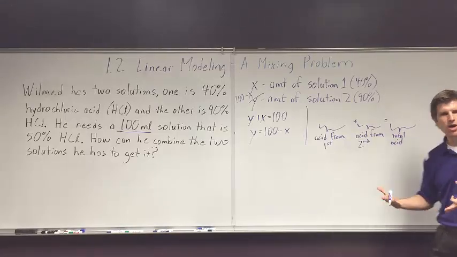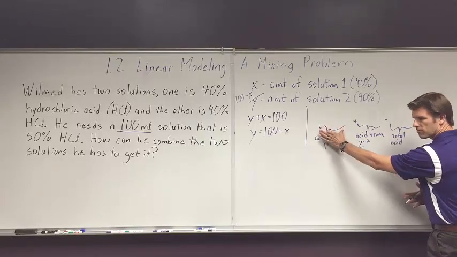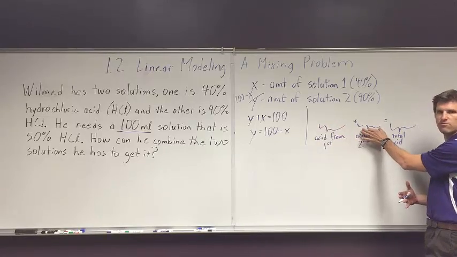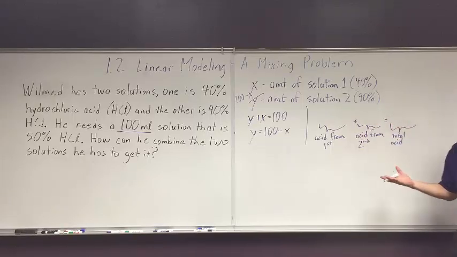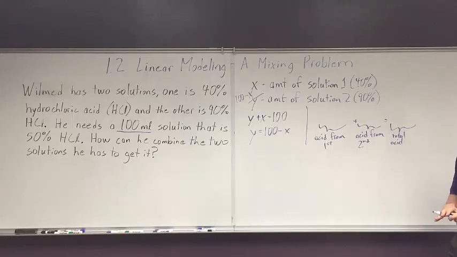Every mixing problem I know of works like this. If we're talking about interest, how much interest did you get from the first investment? How much from the second? Better come to the total, right? Once you have this framework, life gets wonderfully simple.